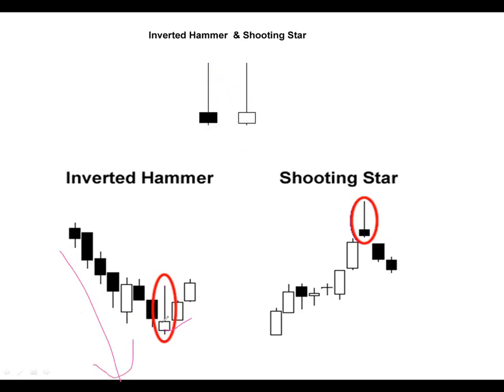So at what level can you buy? Because if this is a downtrend and it's showing you a reversal, at what level can you buy? After this inverted hammer, you are looking for the next candles to close above the last bearish candle, which is this one. So the last bearish candle, look at the level, which is here. This is the level of the last bearish candle here.